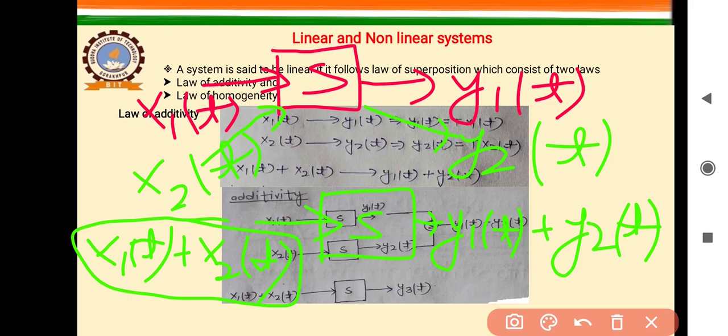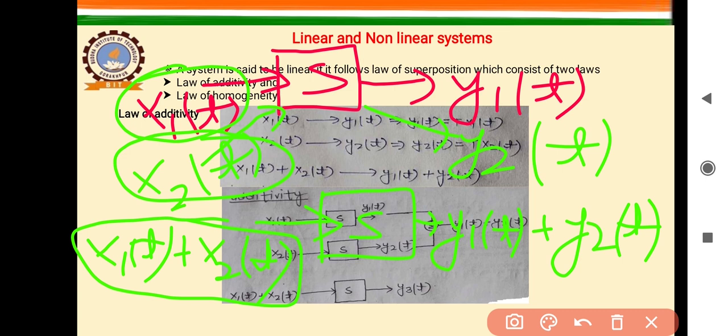Here x1(t) and x2(t) are given independently to the system. Once x1(t) is applied, it produces y1(t), then x2(t) is applied, it produces y2(t), and when both signals are combinedly provided as input, the system produces y1(t) plus y2(t). Then we can say that this system follows the law of additivity.